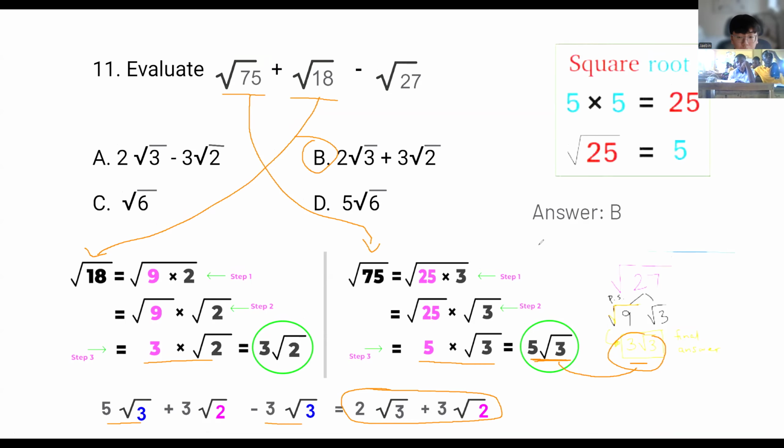So does everyone understand how to solve this problem? Okay.